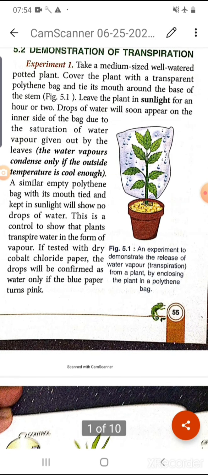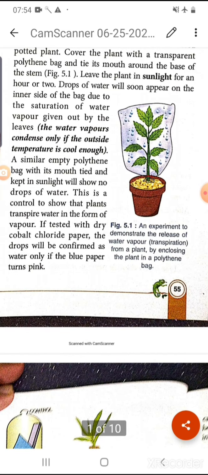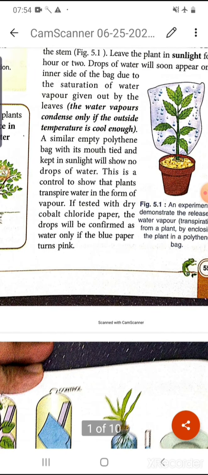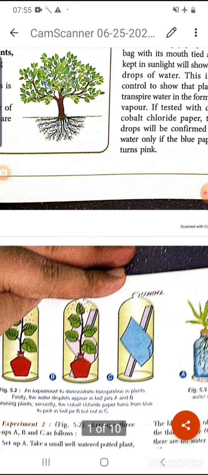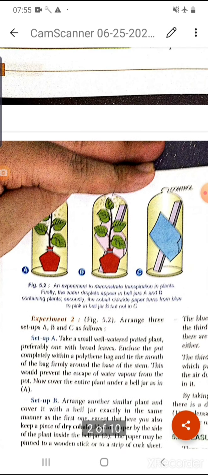After that, we can test it with dry cobalt chloride. If we put dry cobalt chloride inside the plastic bag, the drops will be confirmed as water, because the blue cobalt chloride paper turns into pink.